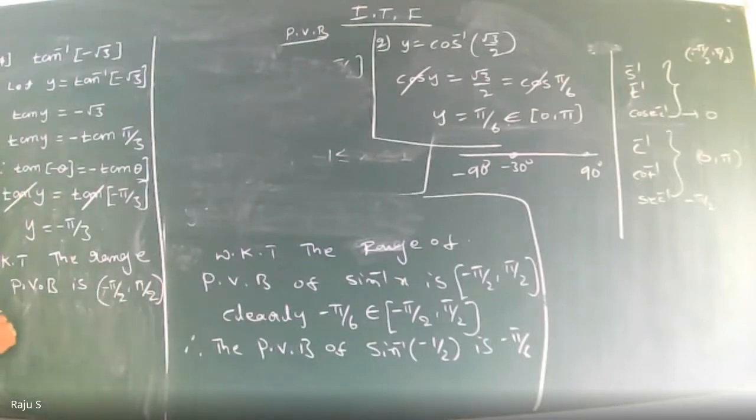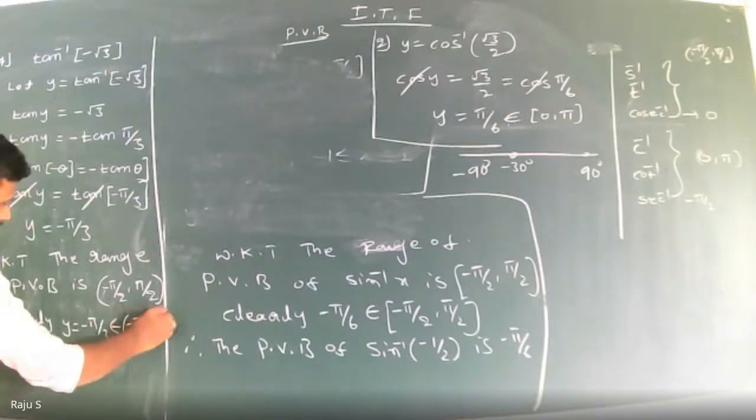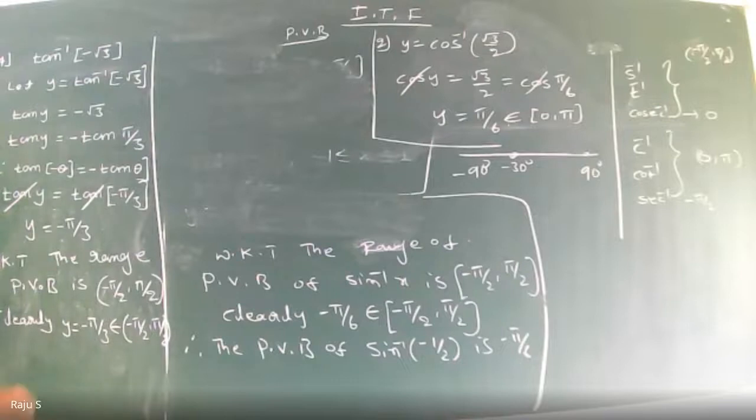Clearly, y is equal to minus pi by 3 belongs to the open interval minus 90 to 90 or not? If you see the line here, minus 90 will be here, plus 90 will be here, and minus 60 will be here. So clearly minus 60 lies between minus 90 and plus 90.